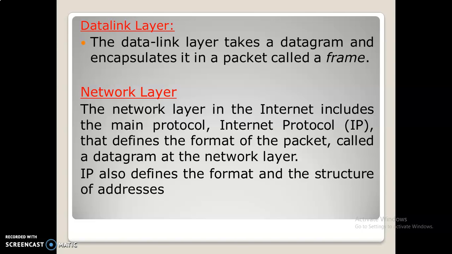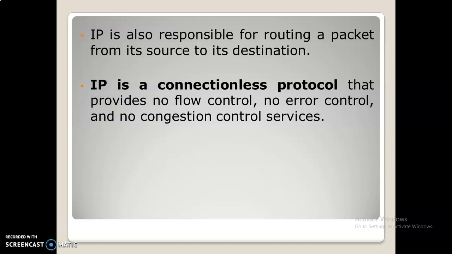The next is the function of the network layer. The network layer in the Internet includes the main protocol, the Internet Protocol. All of you know what the Internet Protocol is. It uses a 32-bit address and defines the format of the packet, called a datagram, at the network layer. The Internet Protocol also defines the format and structure of addresses.